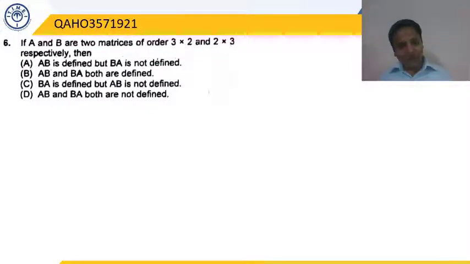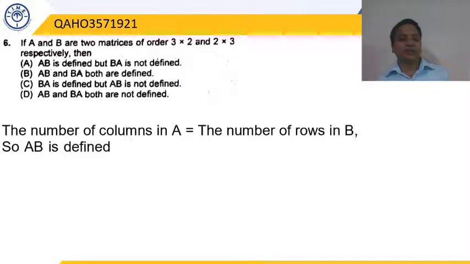If you carefully look at the choices, it says AB is defined but BA is not defined. This is half correct. AB and BA both are defined. This is absolutely correct. So we should straight away go with our choice B. The number of columns in A is equal to the number of rows in B, so AB is defined.